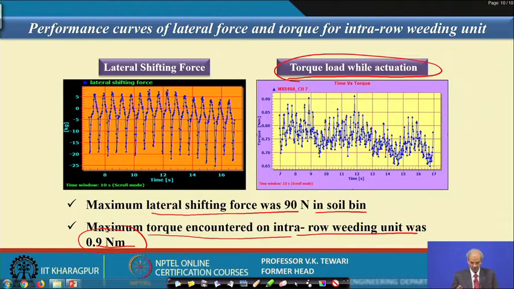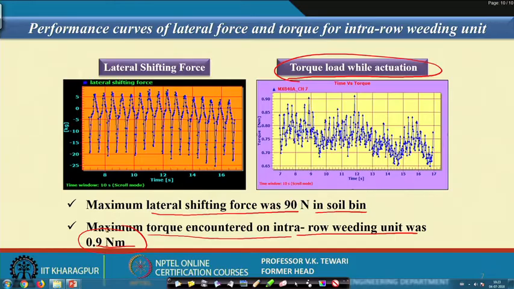These informations are essential for design, and it is only possible if you have the whole instrumentation prepared and control the soil and the vegetation which we want in a particular field, and that is possible only in a soil bin. We have an 80 feet bin in IIT Kharagpur, and there we have done this. We will show you this in the next slide.